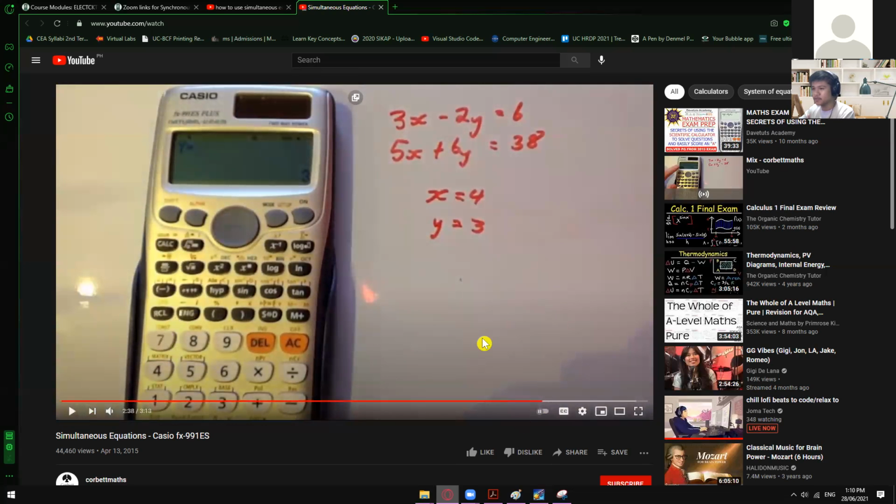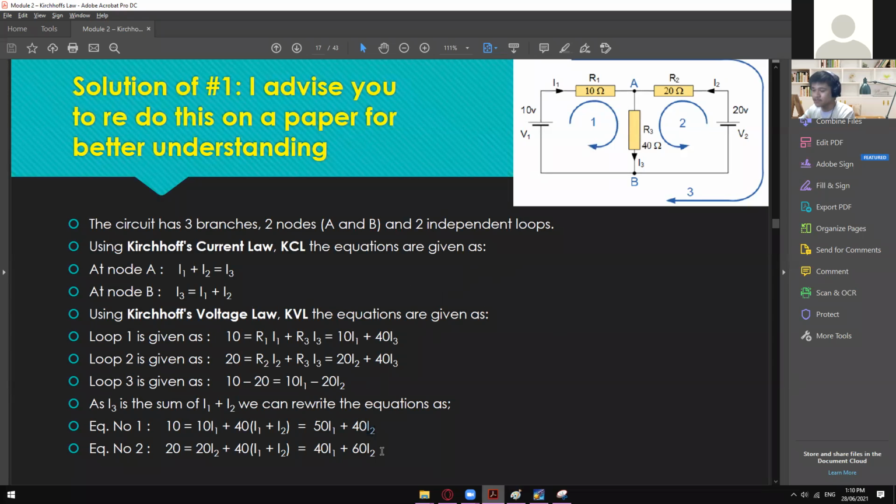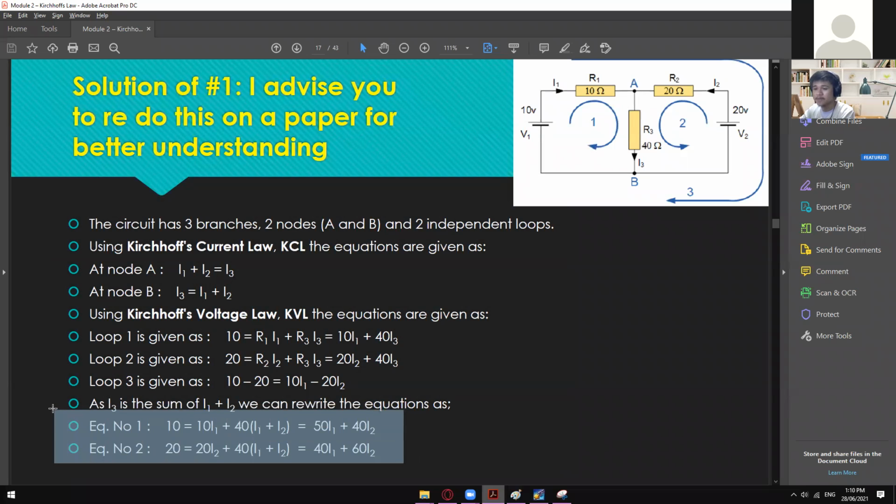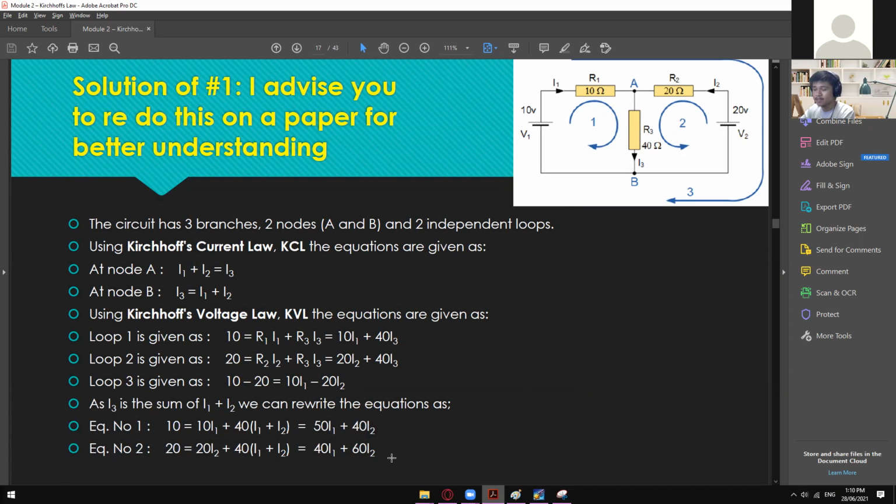I would like you guys to do this also, because this is the fastest method, using the calculator, as long as you have the correct equations, of course. Then you'll be able to get the values of those unknowns, the I1 and then I2, right away.